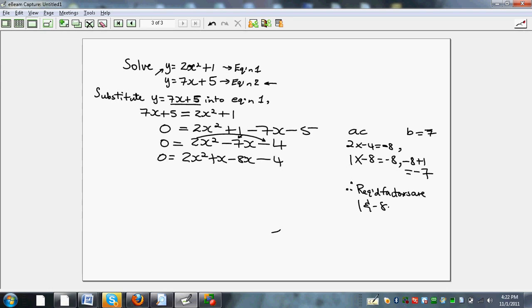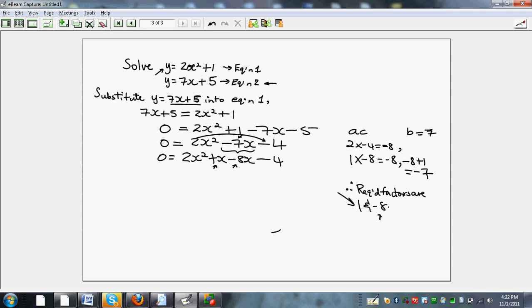So 2x squared minus 7x minus 4 could be replaced by 2x squared plus x minus 8x minus 4, where the minus 8 here will be minus 8x. That will replace the minus 7x.